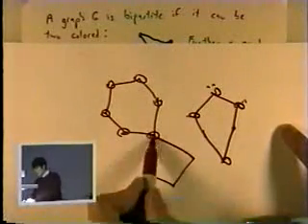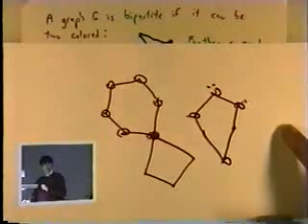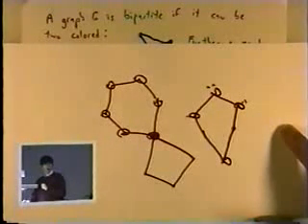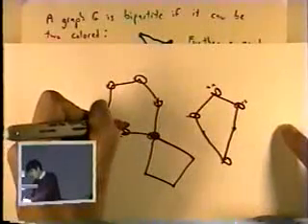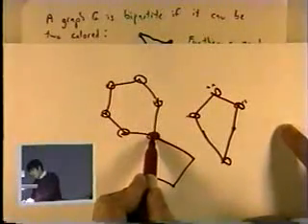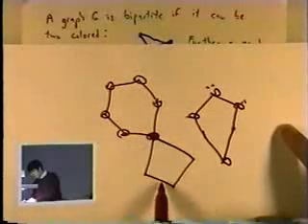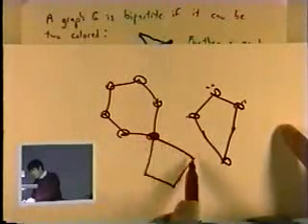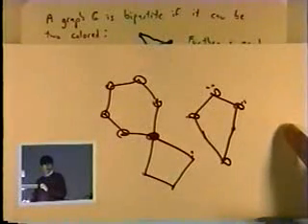With a vertex in common, that would force the colorings to be the same. I could show that given this cycle, if there's only one vertex in common, then that forces which one of the two colorings I give to the other cycle.